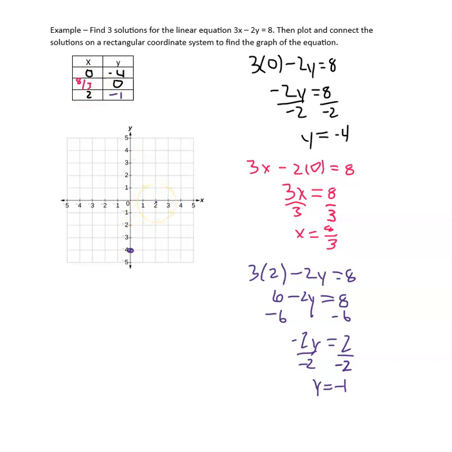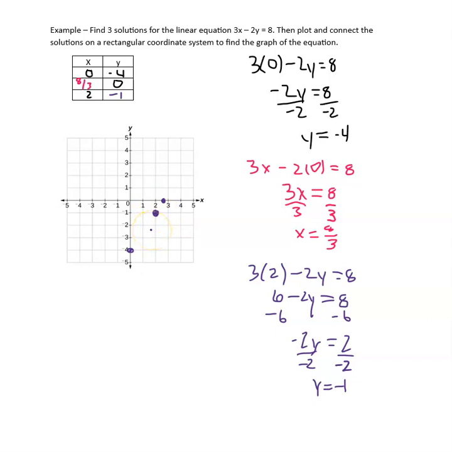So we're going to go to 2 and then 2/3 on x and 0 on y. So there is the point 2 2/3, or 8/3, comma 0. And then we have 2, negative 1. So we go to 2, down to negative 1, and there's a third point.